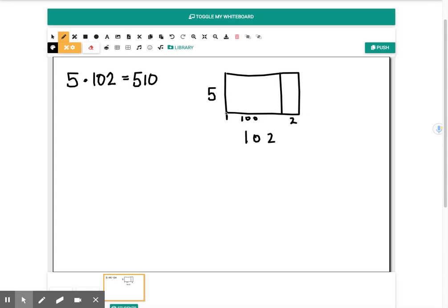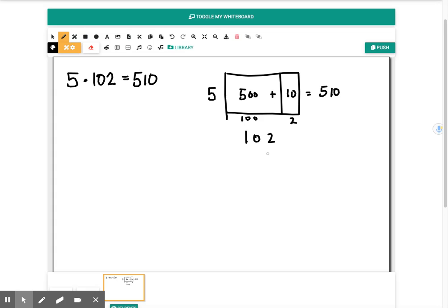And this is what we call decomposition. You're breaking down the big number to make numbers familiar to you so you can just multiply it mentally in your head. 5 times 100 then gives us 500, and then 5 times 2 gives us 10. And if I add those two together, because you are trying to find what 5 times 102 is, it will give me 510.